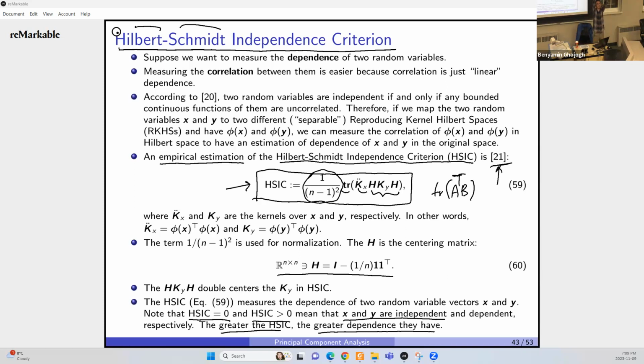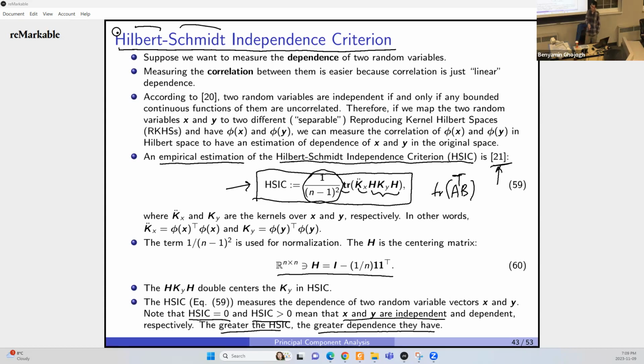In that space, reproducing kernel Hilbert space, let's calculate their correlation. Their correlation in the Hilbert space is a good estimation of their dependence in the input space. Interesting. Something which was hard to calculate in the input space became easy to calculate in the Hilbert space, right? So this is exactly the idea behind HSIC, Hilbert-Schmidt independence criterion.